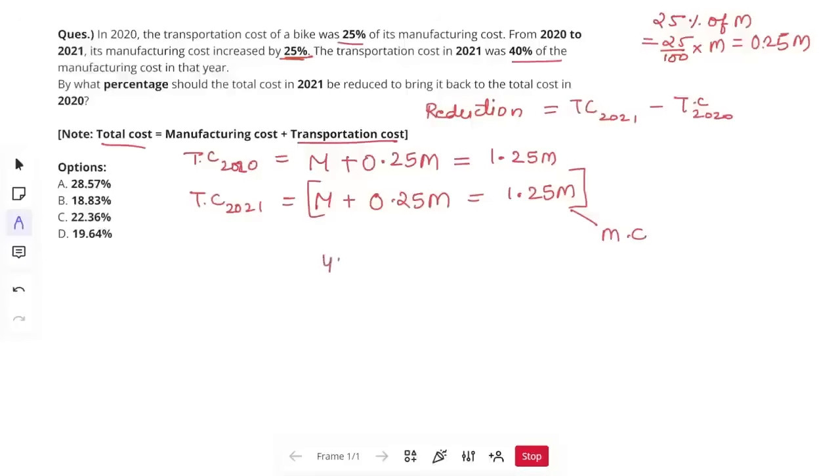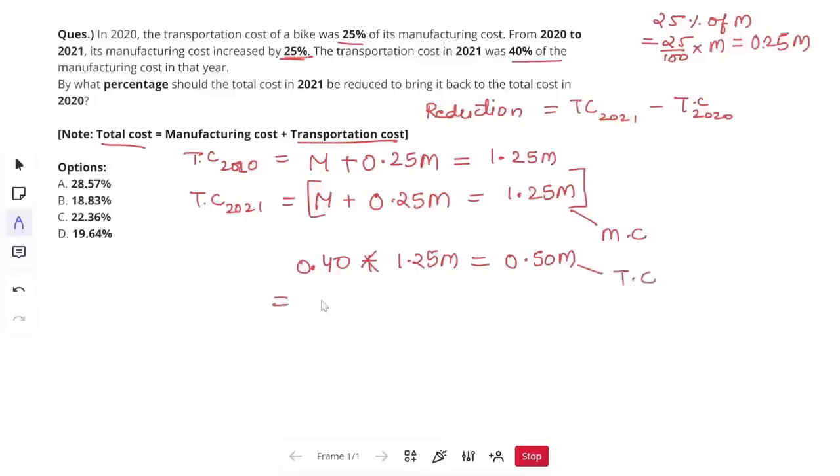So 40% can be written as 0.40 of the new manufacturing cost, which is 1.25 M. 40% of 1.25 is going to give us 0.50 M. Now this is the transportation cost.